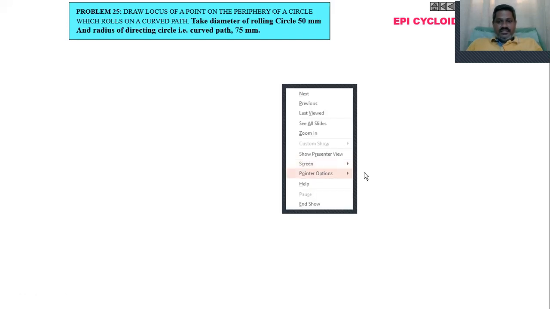In this case, the rolling or generating circle is 50 mm diameter, and the directing circle or curved path has a 75 mm radius. With this given data, we need to draw the epicycloid.